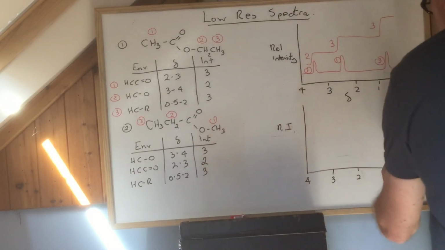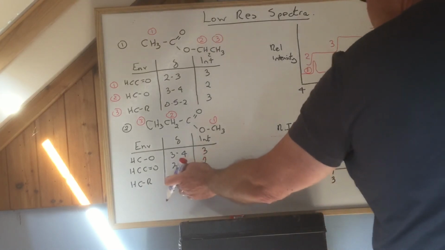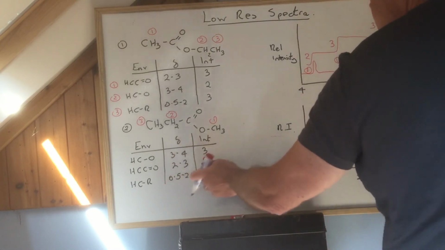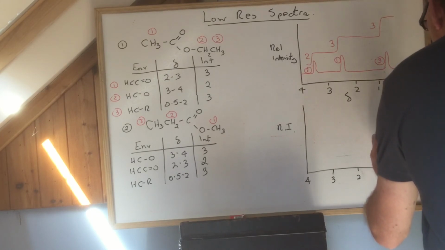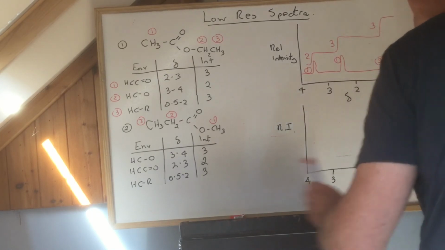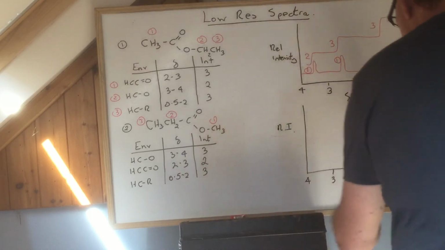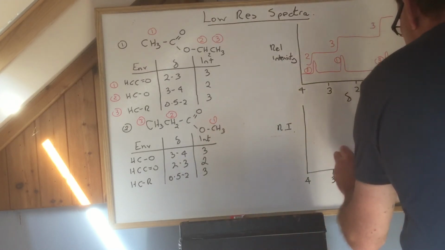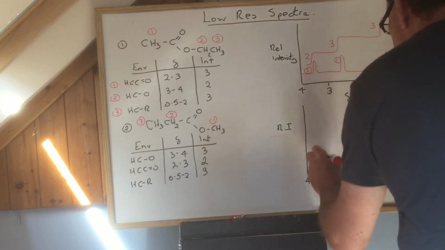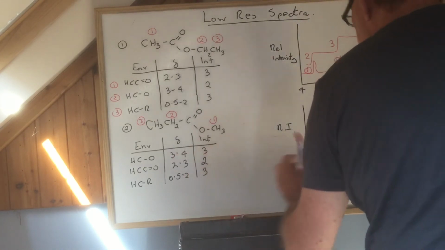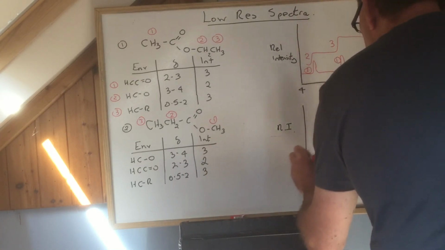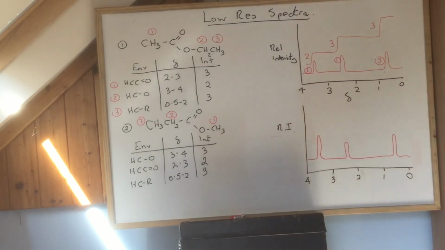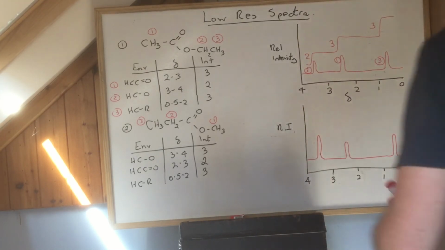Going backwards, 0.5 to 2 chemical shift, there's 3 in that environment. Okay. I'm going along 2 to 3, there's 2 in that environment. And 3 to 4, there's 3 in that environment. Okay, so there you go.